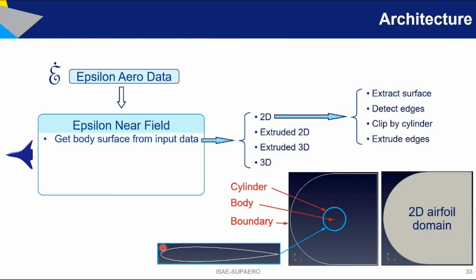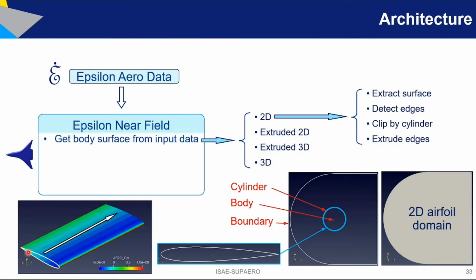And after that, it generates an extrusion of these edges. Basically, it takes this geometry, these edges that are here, and we generate an extrusion normal to the CFD domain, like shown here. And this generates an extruded surface that you can actually visualize on Epsilon Near Field.